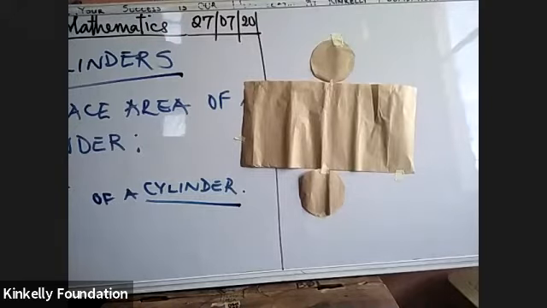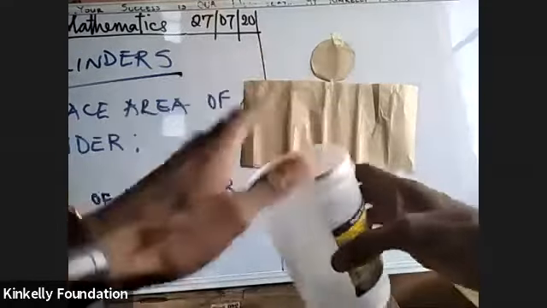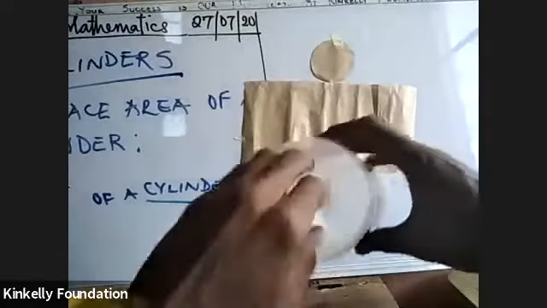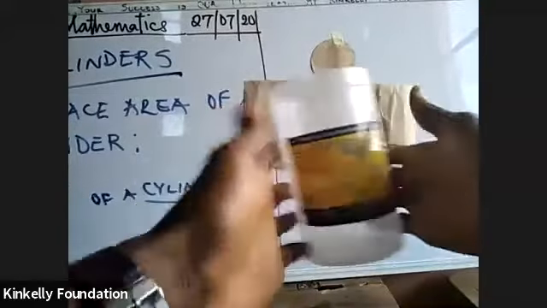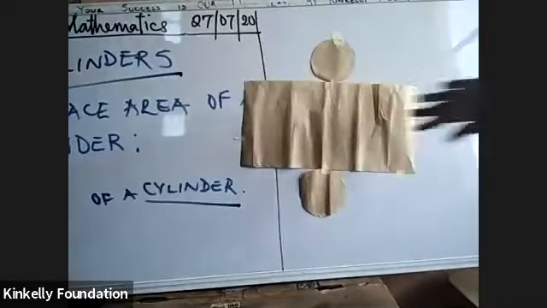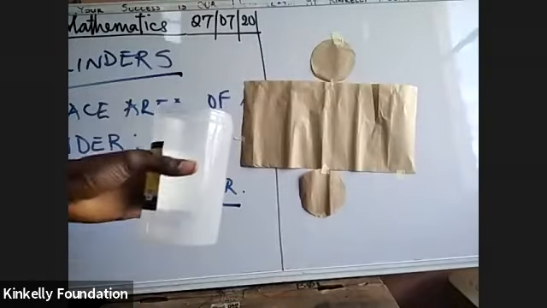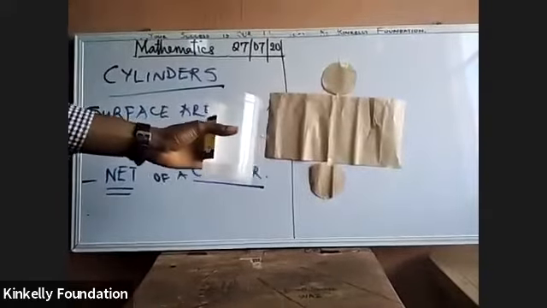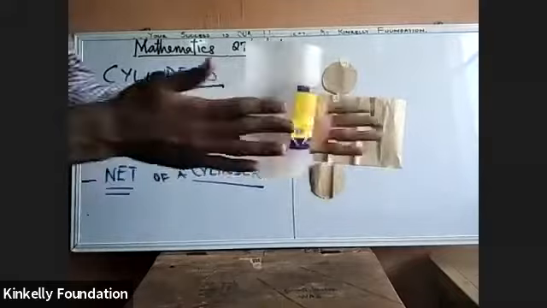Now, this is a cylinder we open, let's say a half open cylinder. There's no cover here. This one is closed. So this is just the curved surface. When you talk about the surface area of a cylinder, you notice that this side I'm touching now is the curved surface.